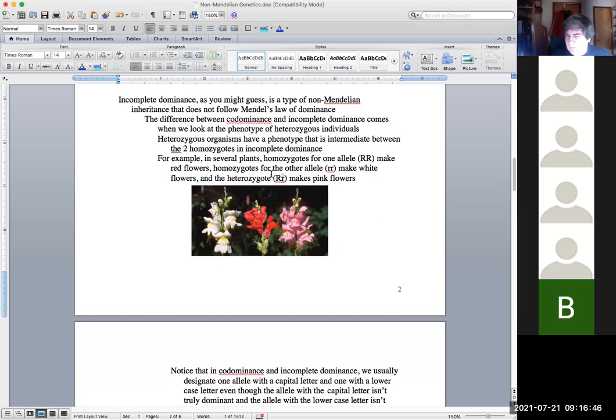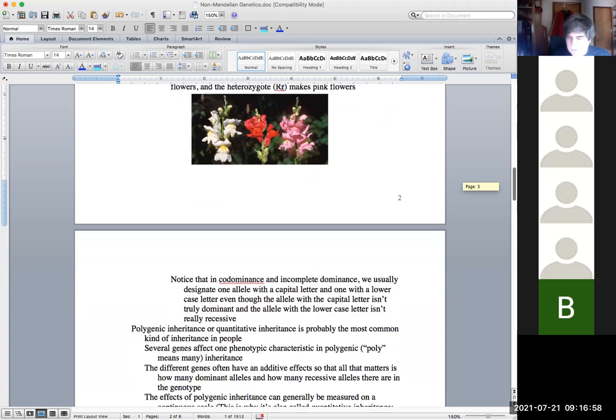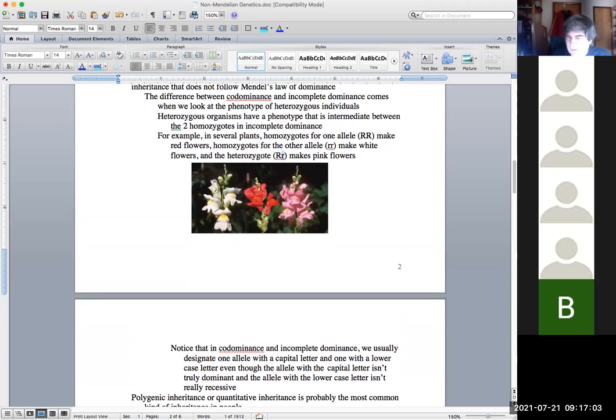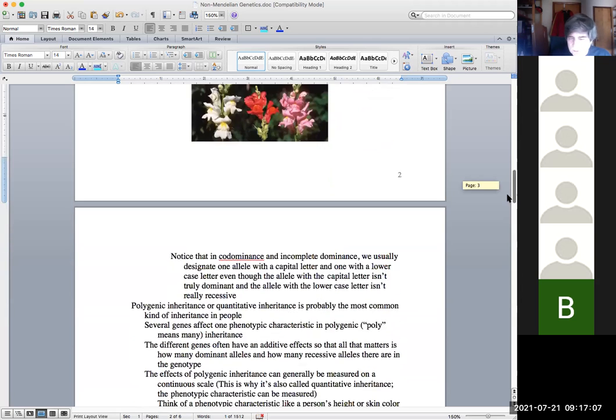But if you think about it, big R isn't really dominant over little r. Because if red was dominant over white, then if we looked at a plant that was heterozygous, it wouldn't be pink, it would be red. So we have to keep in mind that even though normally capital letters are dominant alleles, that rule isn't always followed.